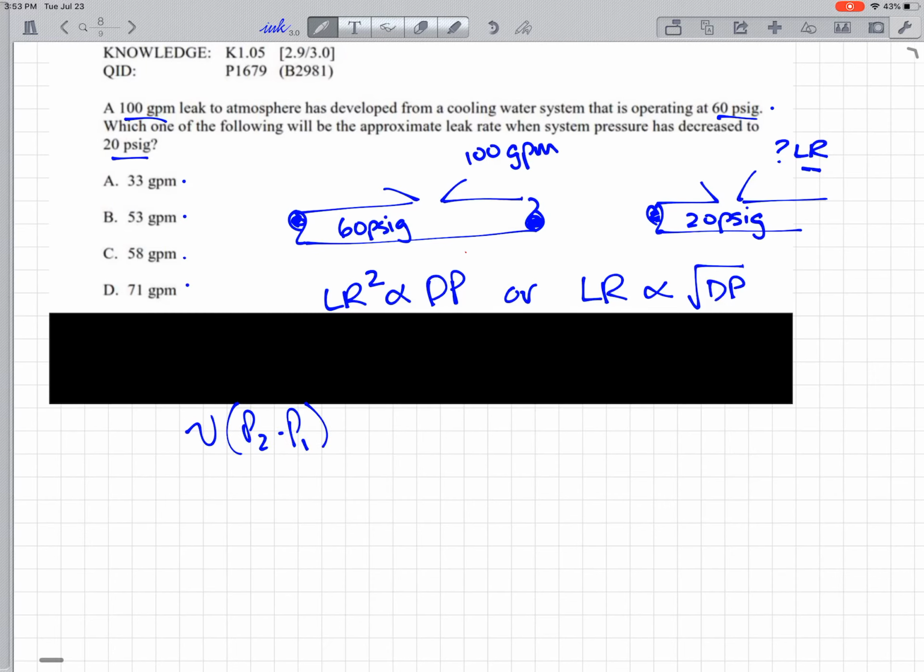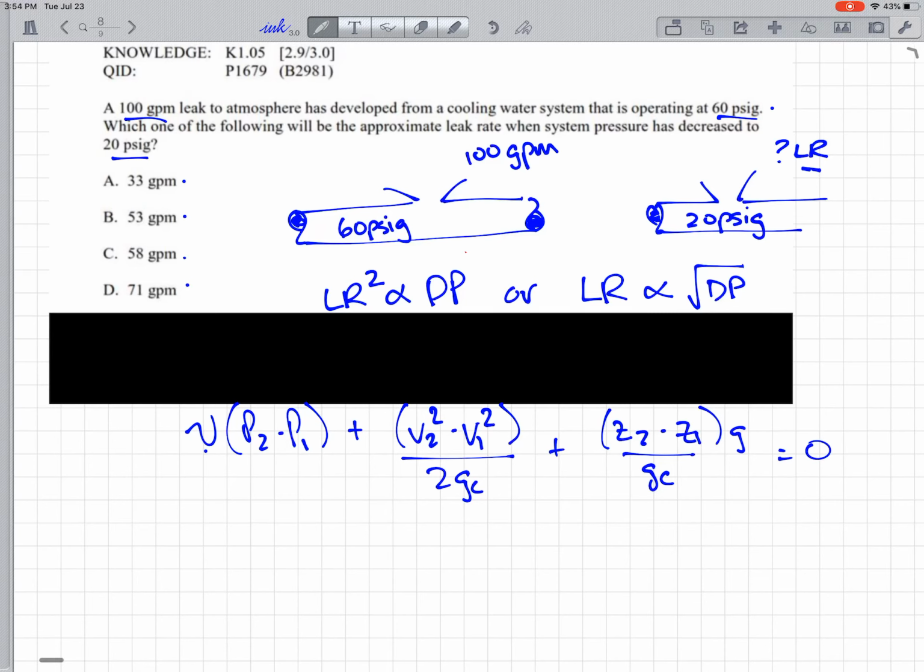That's off your handout sheet. That's going to be specific volume times P2 minus P1 plus kinetic energy term, which is going to be V2 squared minus V1 squared over 2GC plus Z2 minus Z1 times G over G sub C. And that's going to be equal to 0. Since there's no potential energy change, that equation is going to go out.